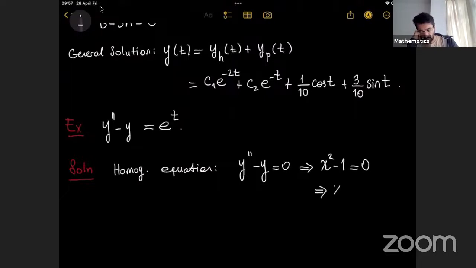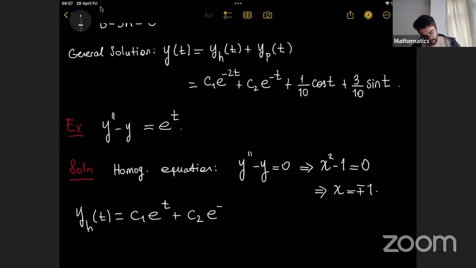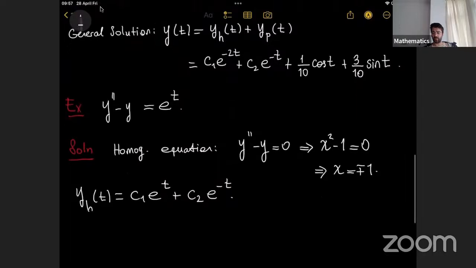So lambda is equal to plus minus 1, which implies the homogeneous solution is C1 e to the t plus C2 e to the minus t. Okay. Let us find the particular solution.